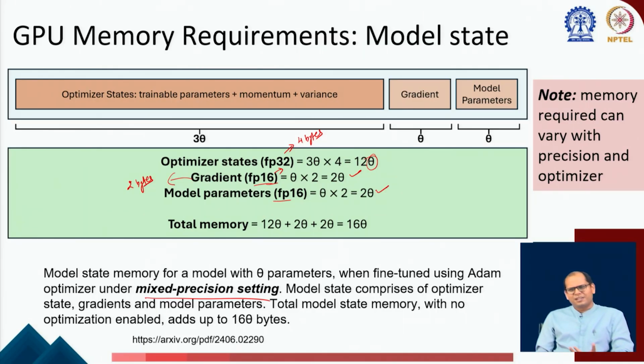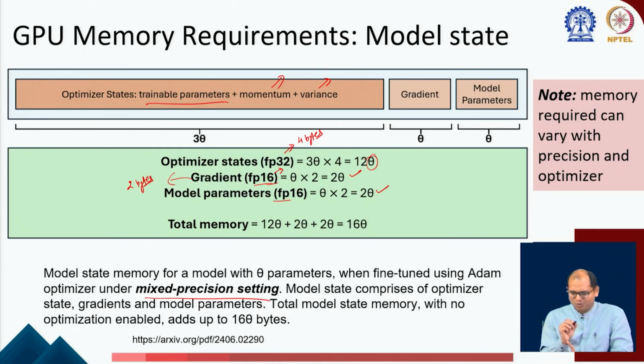Where else do you need the memory? We talked about Adam being a very interesting method, but it's very bad in terms of memory. Because for Adam, I need to store the momentum and also the variance, for each parameter, right? Across previous iterations, I need to store the momentum and the variance, the squared momentum, and I also need to store the full FP32 state of all the internal parameters.